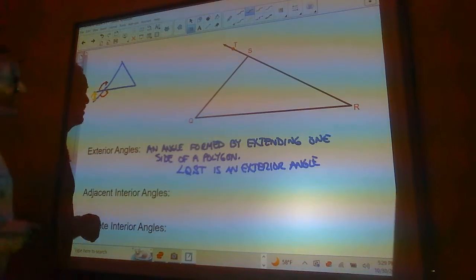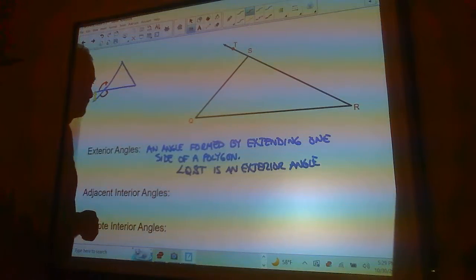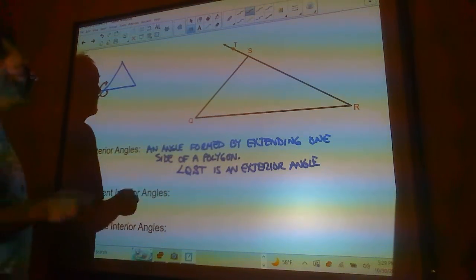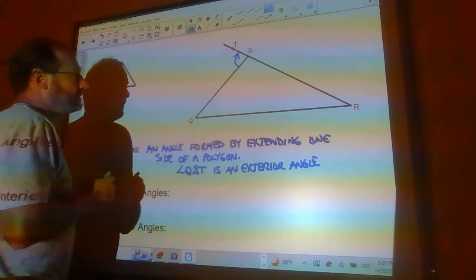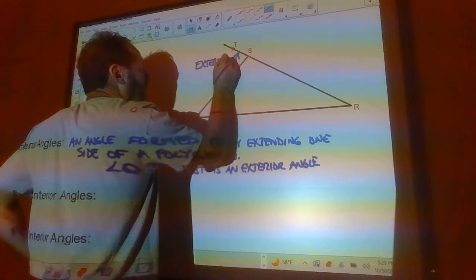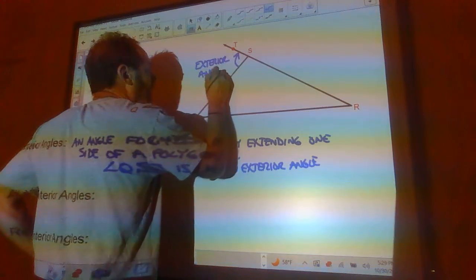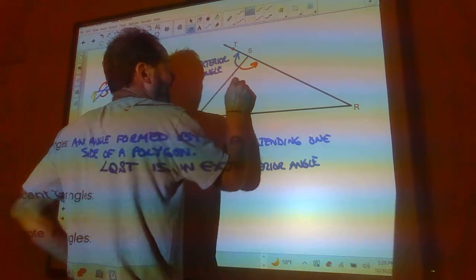All right, what is an adjacent interior angle? Well, the word adjacent means next to. So if this is my exterior angle right here, then my adjacent interior angle is that one right there.